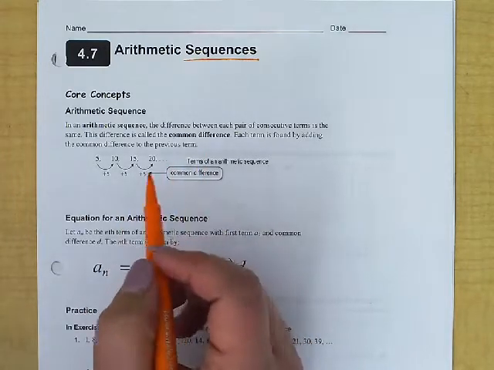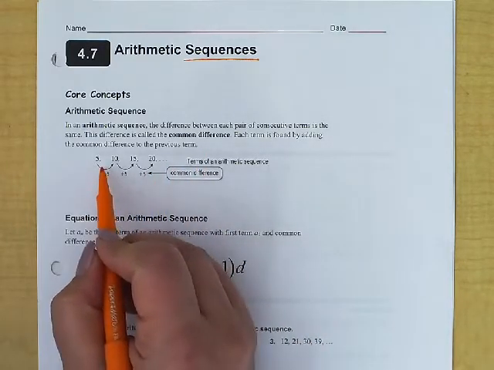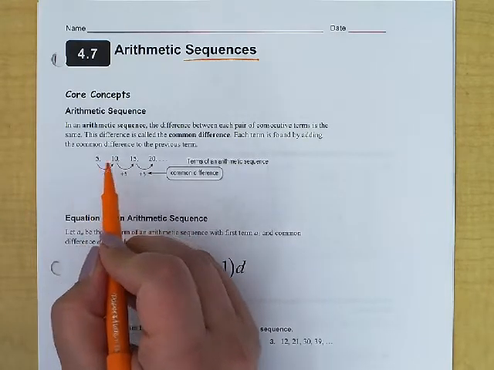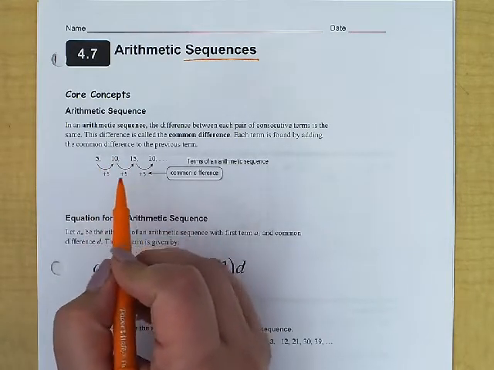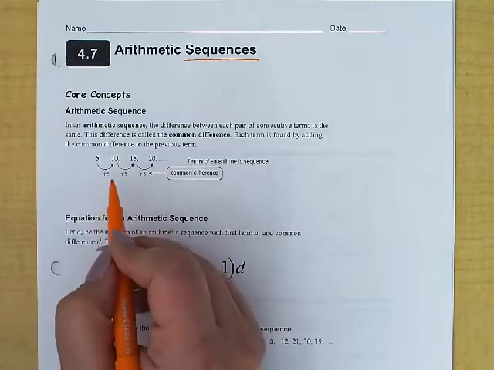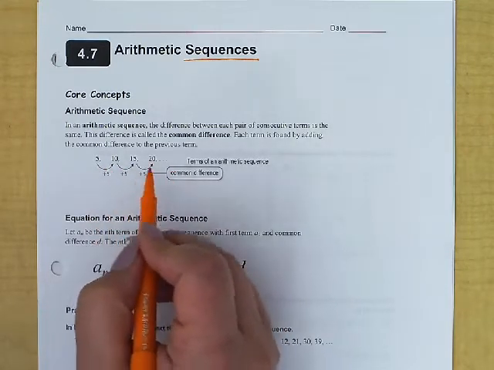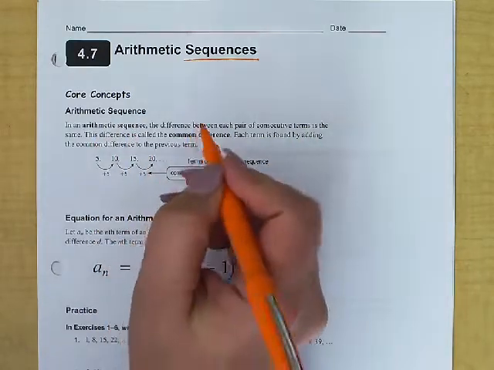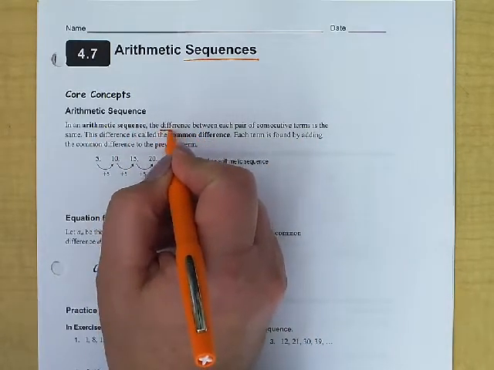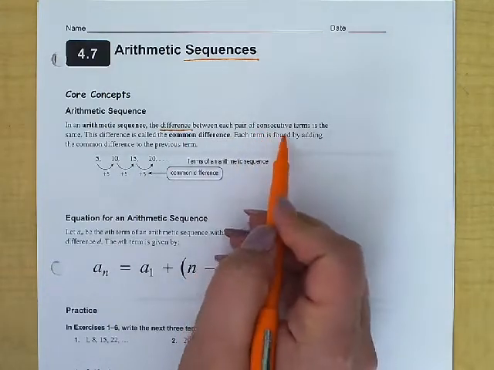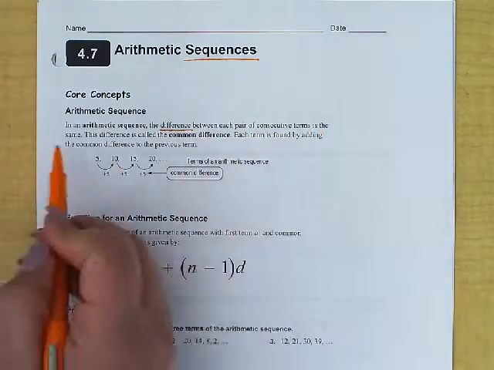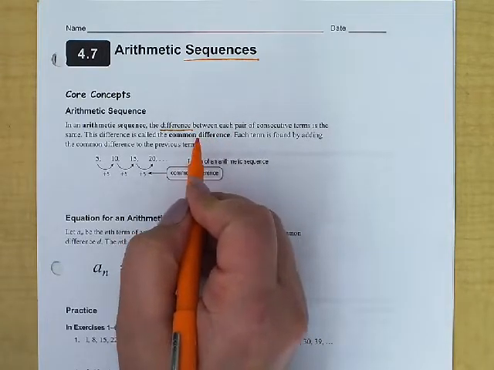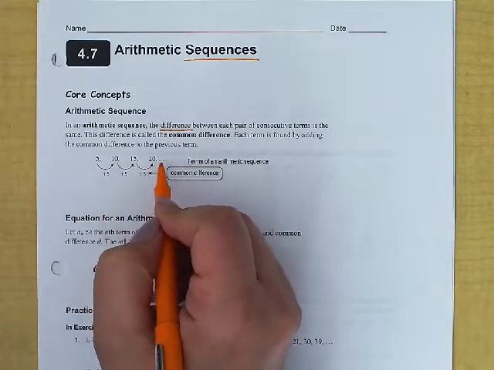Instead of having a common ratio where we could divide the new term by the one right before it and find a common ratio that they're multiplying by, this is an additive, or an addition type of relationship. So in an arithmetic sequence, instead of the ratio, it's the difference between each pair of consecutive terms that is always the same. That difference is what we call the common difference. So it's just the difference they have in common every time.